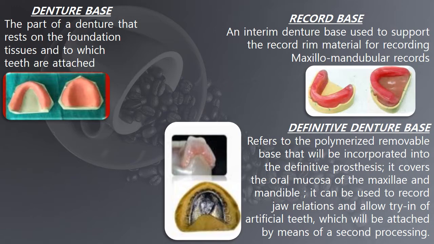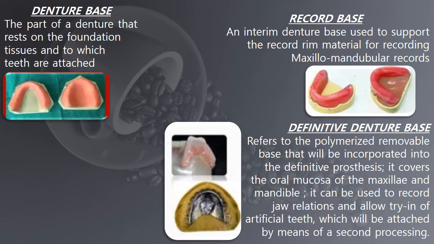Once we finish the impression procedures and prepare the models, some clinical situations need a denture base which exactly sits on the tissue surface of the model, for supporting the occlusal rims to perform the jaw relations, or for making the bite registration with a different material. So denture base is defined as a part of denture that rests on the foundation tissues or tissue surface to which teeth are attached.